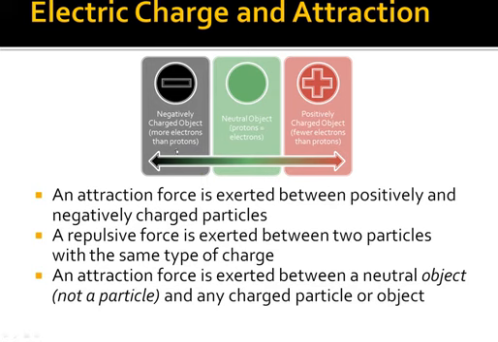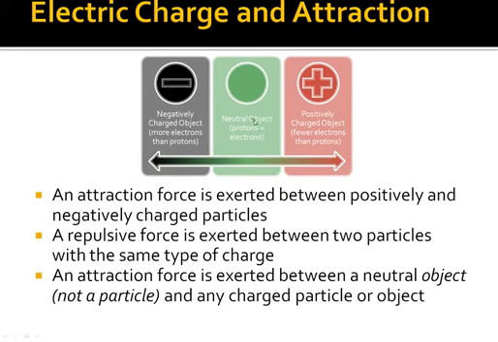An attraction force is exerted between positively and negatively charged objects. Opposites attract. So if we have oppositely charged particles, there's going to be an attraction force exerted between the two of them. And if the two particles or objects have the same sign of charge, there's going to be a repulsive force. So two negatively charged objects will repel each other, and two positively charged objects will repel each other.